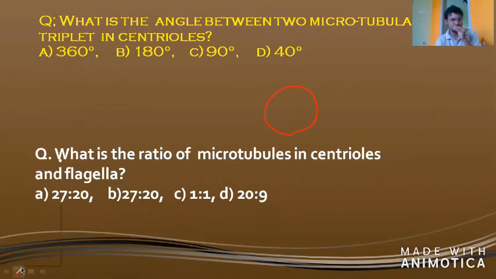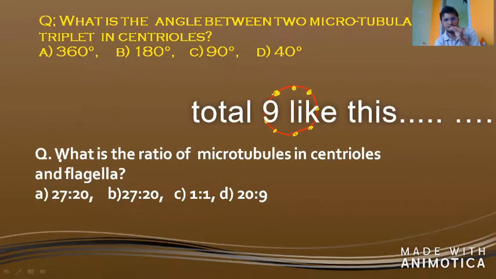I will take a lighter color so that you can see. I will change the ink color here. So a total of 9 arrangements are there. That means you are sectioning the entire circle into 9 segments. You know the total angle of a circle is 360 degrees.